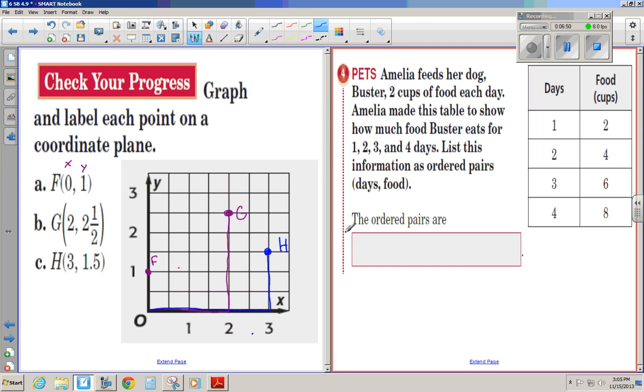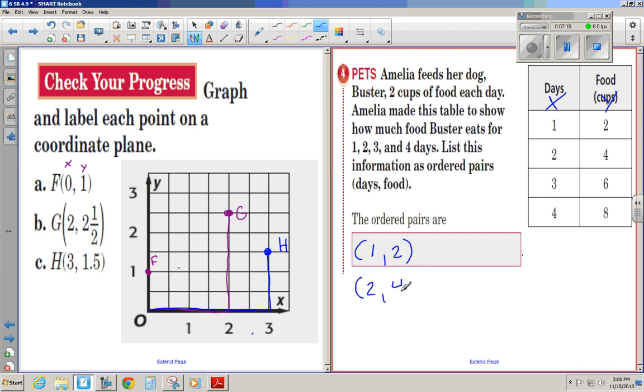So now you need to come up with ordered pairs. That means that the days are the x's and the y's are the food cups. So the ordered pairs are, what is the first x coordinate? What is the first y coordinate? What is the second x coordinate?